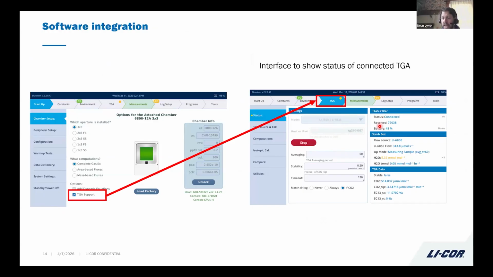Once you've connected, it gives you some status information on that analyzer. It gives you its battery life, it gives you any diagnostic info, and tells you the information about the concentrations it's reporting. All of these trace gas analyzers stream data at 1 Hertz, 1 data point per second. And that's being integrated automatically here into the LI-6800.